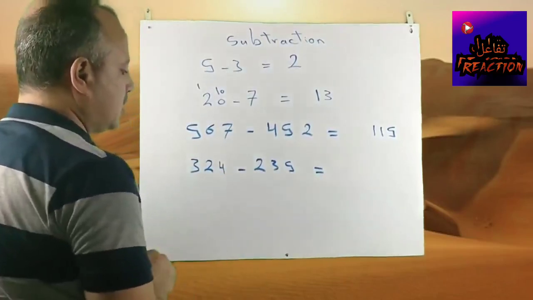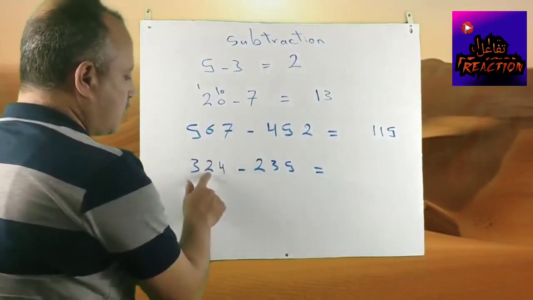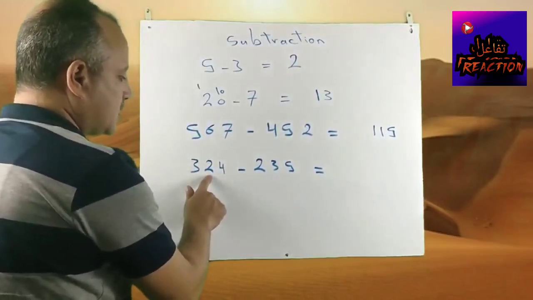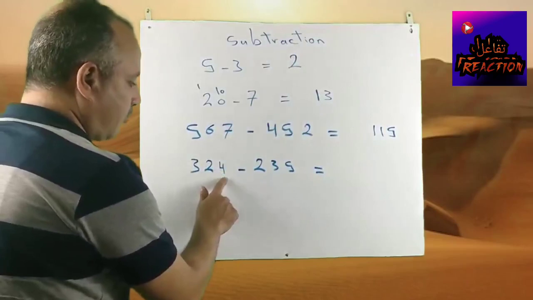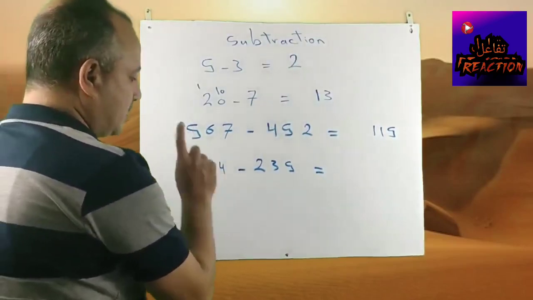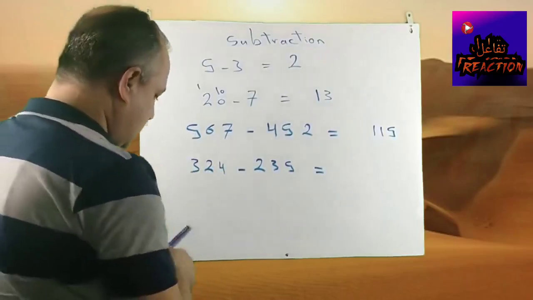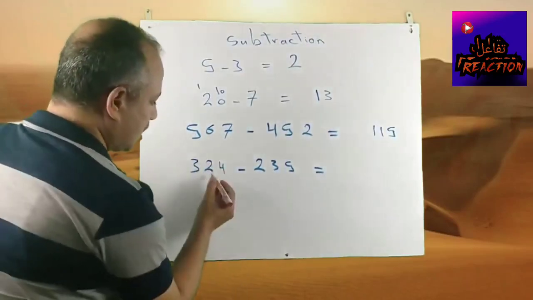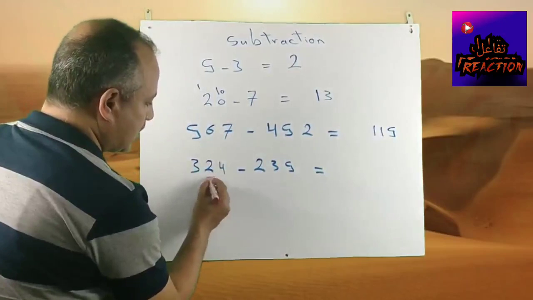So what to do here? This 4 has to borrow from the next tens, from this 2. One digit here in tens equals 10.